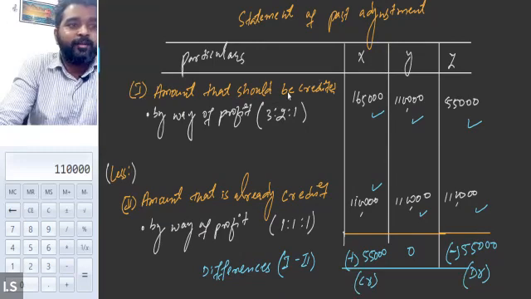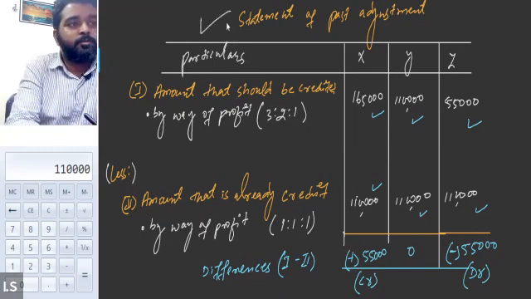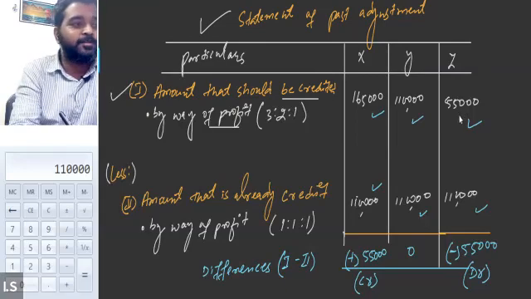So in order to rectify the situation, we have made the statement of past adjustment, wherein I wrote the first component that says the amount that should be credited by way of profit in the ratio 3:2:1. That means X, Y, and Z should have got 1,65,000, 1,10,000, 55,000 by way of profit respectively.